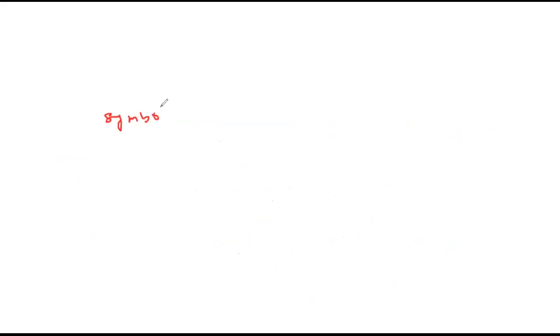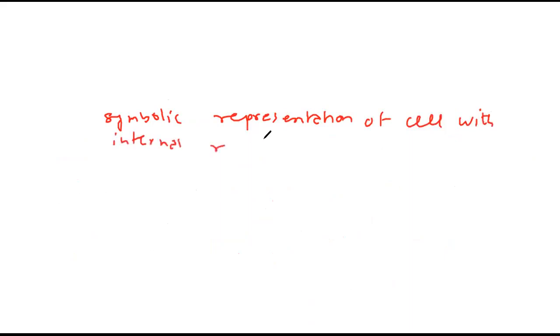Symbolic representation of a cell with internal resistance. So always internal resistance is shown with the cell. This is internal resistance, small r, and this is the EMF of the cell.